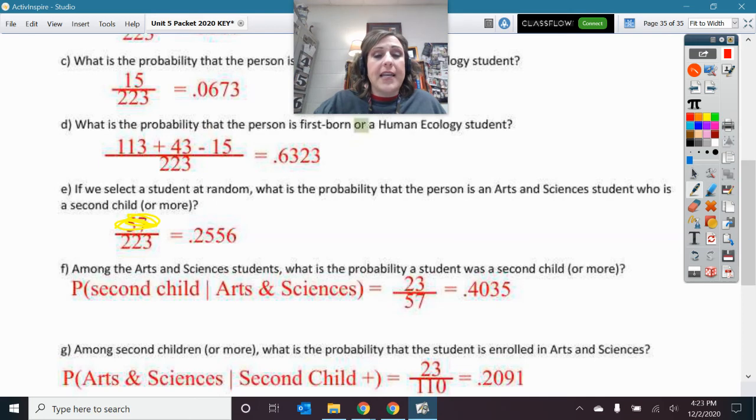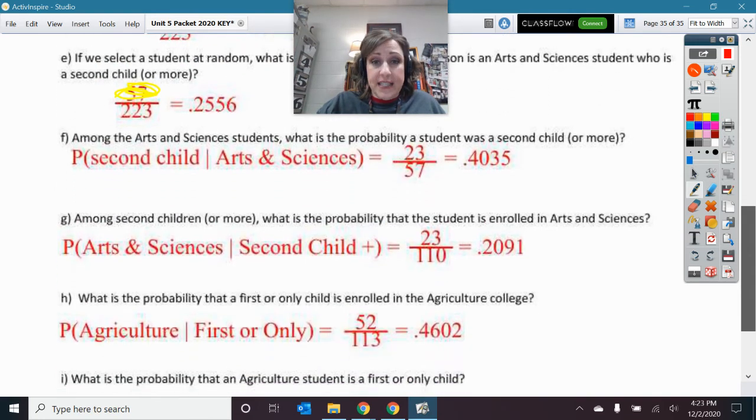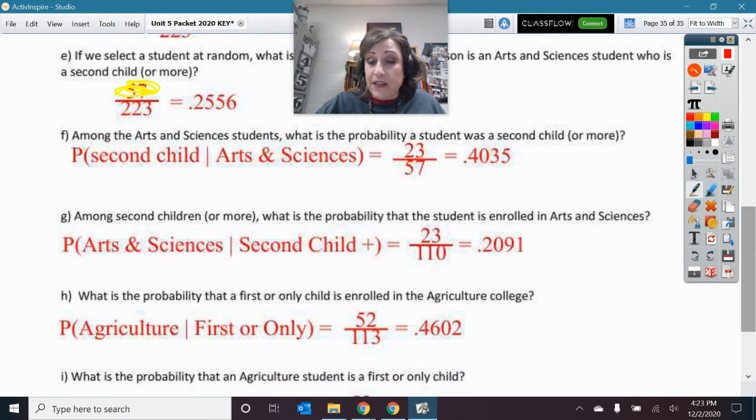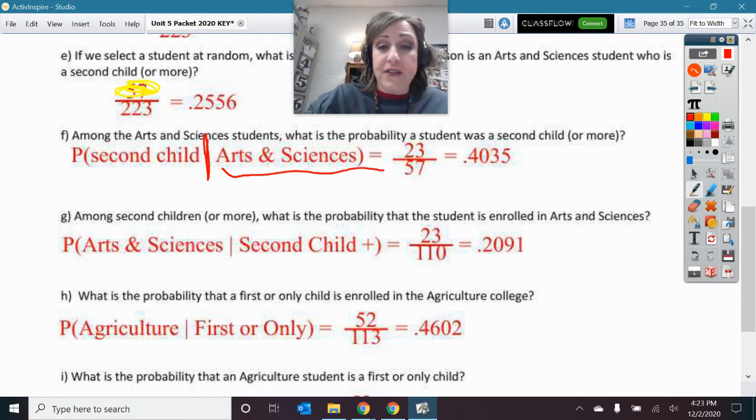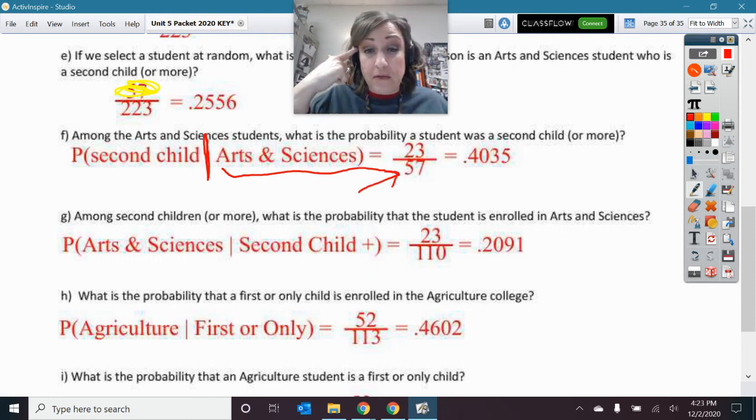Now, here we have some conditional probability. Let's take a look and see if you caught that these were worded correctly. Among the arts and sciences students, that is given that you have the 57 arts and sciences students, out of those 57, what proportion of them were the second child or more?